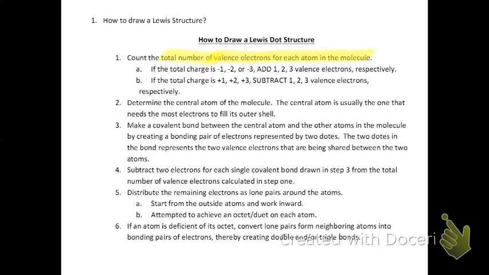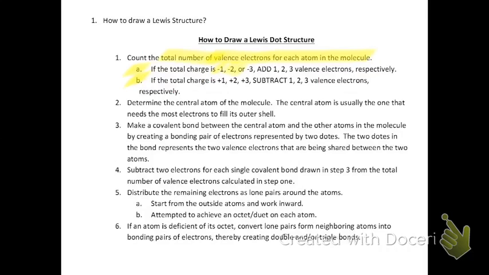If you have ions, if you have negative ions, so anions, then you add that number to the total valence electrons. So for instance, if you have a negative 1 charge, then you would add 1 to the total number of valence electrons.